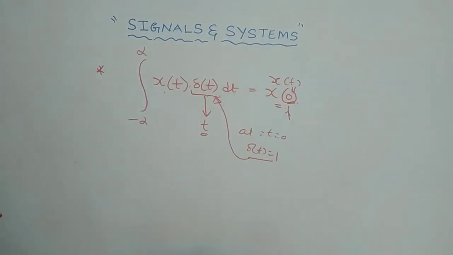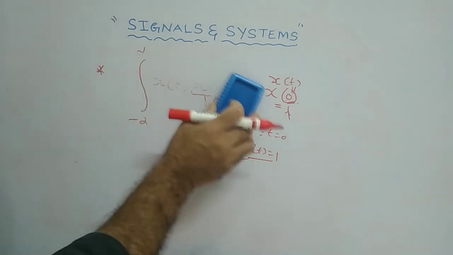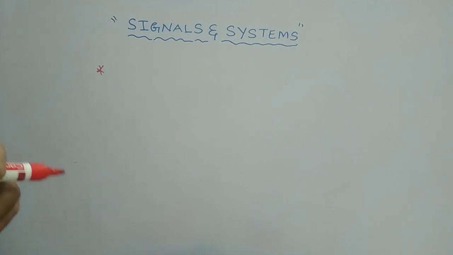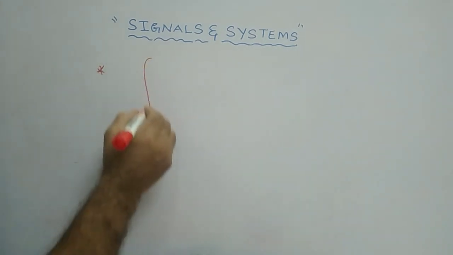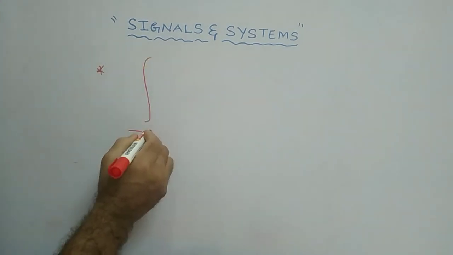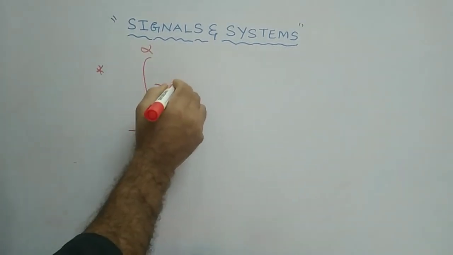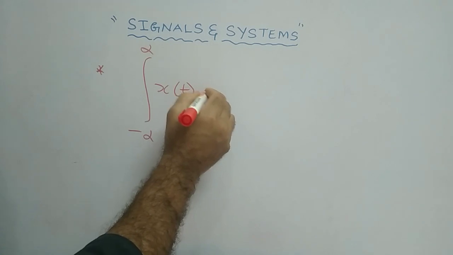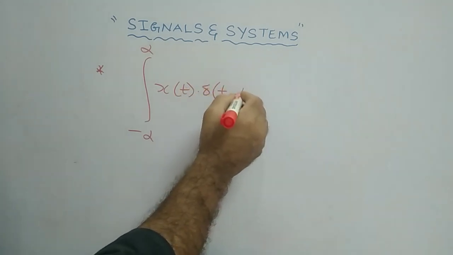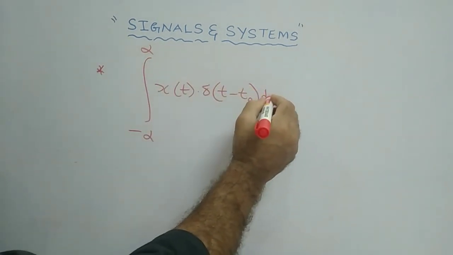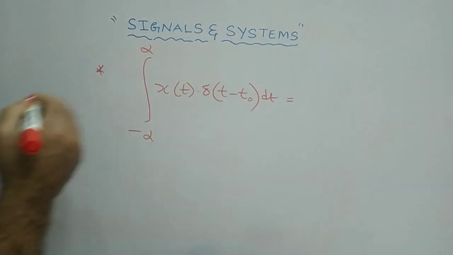Clear? And similarly, there is one more property based on this only. It is nothing new; it is relevant to that integral from minus infinity to plus infinity. Say for example, x of t into delta of t minus t naught is equal to, what is this actually?